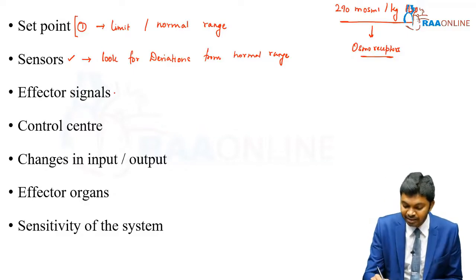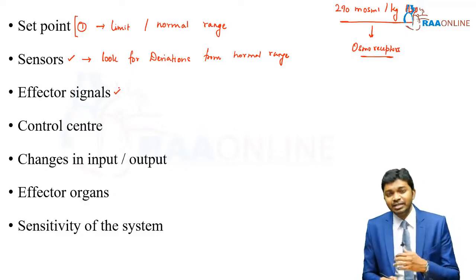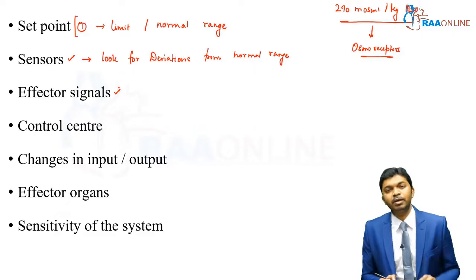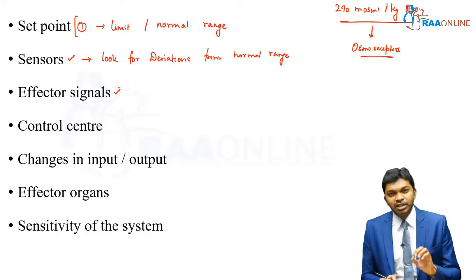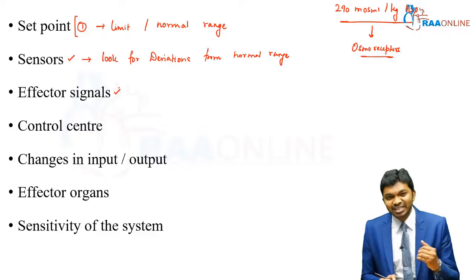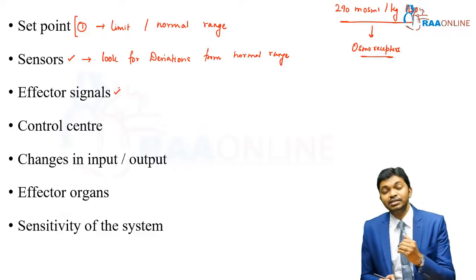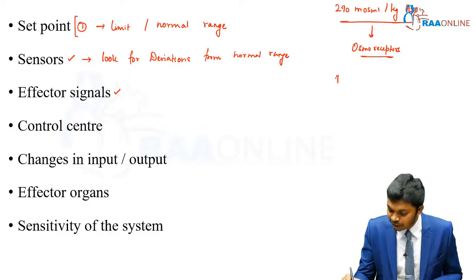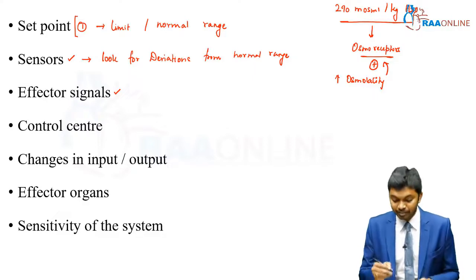And then effector signals. Whenever there is a deviation beyond the normal reference range, that deviation brings about a signal to the sensors. For example, whenever there is an increased osmolality, this is going to trigger osmoreceptors, which is nothing but a signal, people.